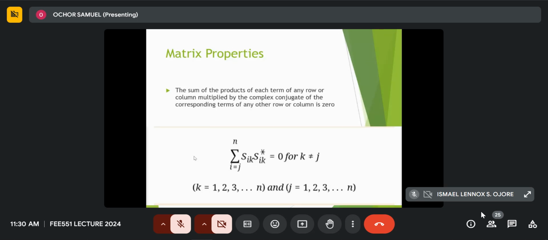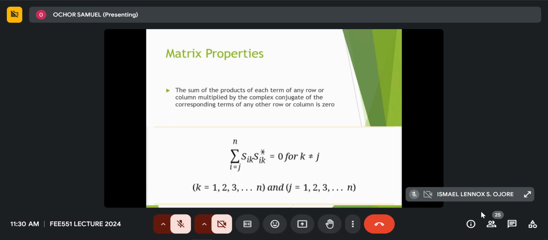Now this one is referring to the elements in the matrix, not the matrix itself. Remember the previous property we have seen, if you multiply the matrix by its conjugate, you get an identity. But here we are multiplying the elements. If you multiply the elements with the complex conjugate, and then you sum, you get 0.